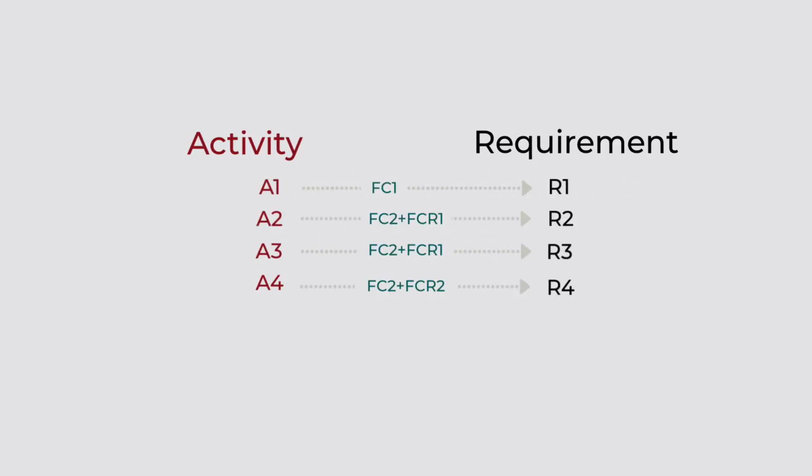Let's take a moment to reflect on what we've done so far before moving forward. We've created 4 requirements that were derived from 4 activities. We have created requirement 1 to requirement 4, or R1 to R4. They were derived from activity 1 to activity 4, or A1 to A4.